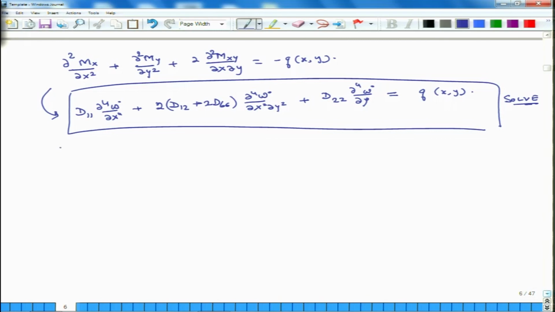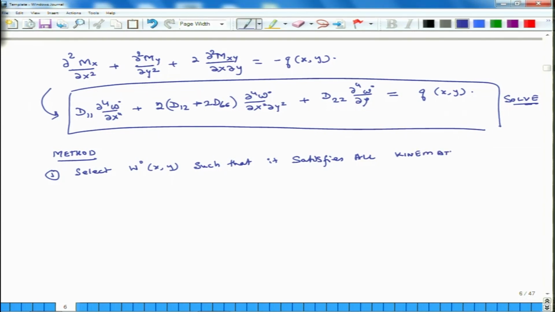So, here the method of virtual work is, first step we select. So, what is the unknown in this equation? It is w naught. So, if w naught is unknown, we select w naught, which is a function of x and y, such that it satisfies all kinematic boundary conditions.